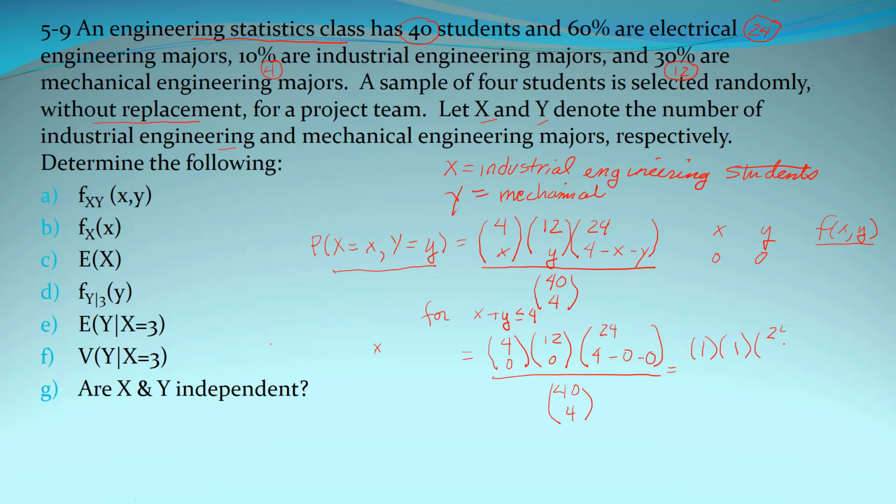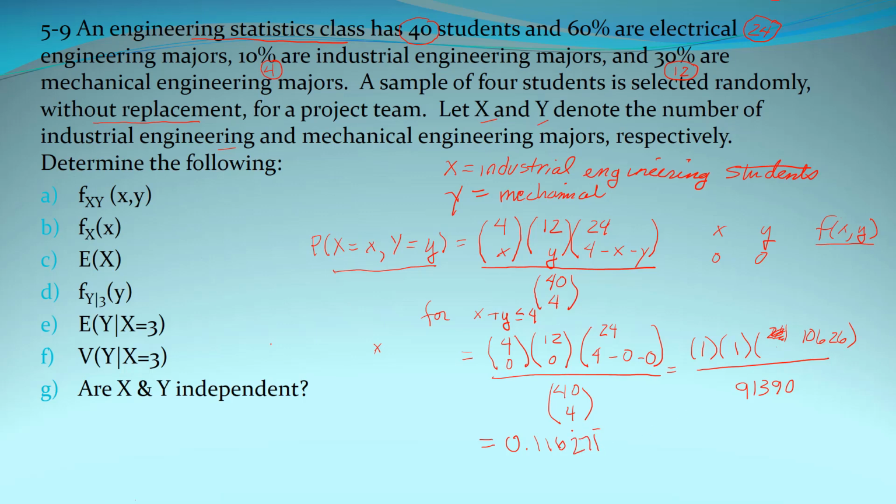And then 24 choose 4 turns out to be 10,626, all divided by 91,390, which all turns out to be 0.16271.